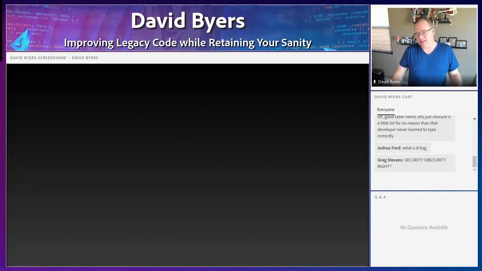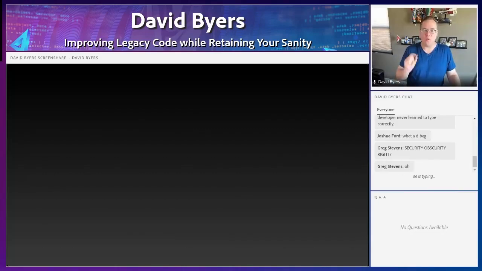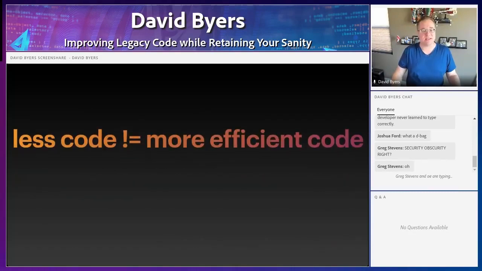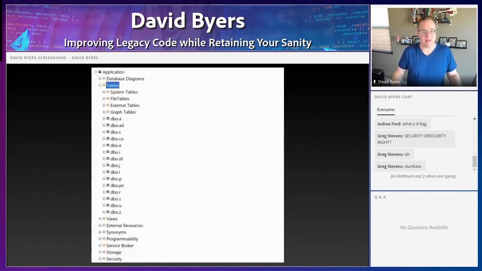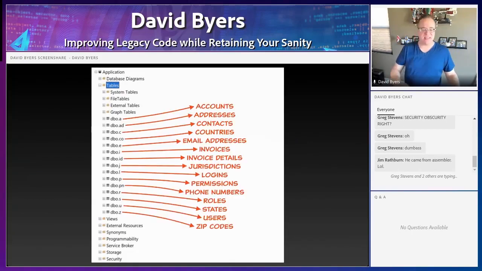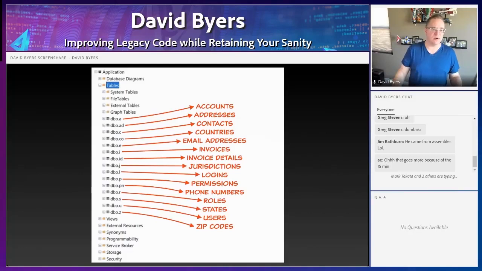The other reason is he thought that less code meant more efficient code. So he made everything one-letter variable names because he thought that made it faster. Remember when I said less code does not equal more efficient code? Yeah, here's an example of that, okay? Well, we did a bunch of reverse engineering, and it turns out this is basically what everything mapped to. A were accounts. AD were addresses.